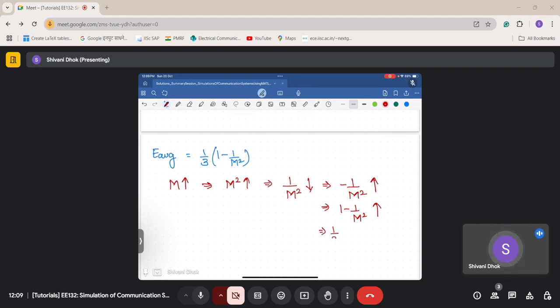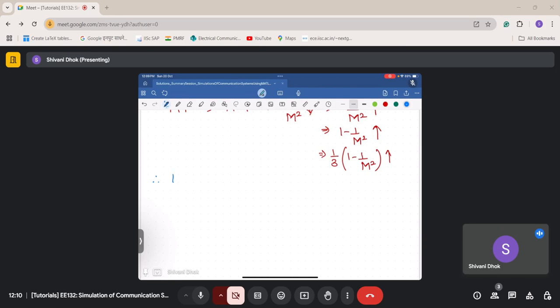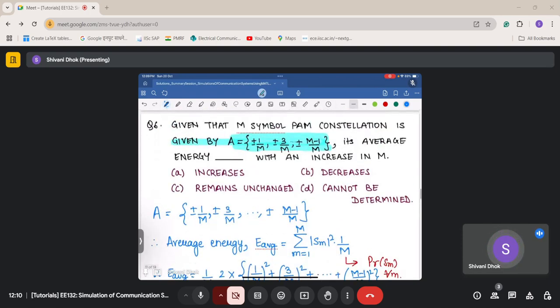If I add a constant and scale it by a positive constant, the trend won't be affected; it will just shift or scale it. So therefore what we see is this E average, which is equal to 1 by 3 into 1 minus 1 by m square, increases as m increases. Okay, so the answer is it increases.